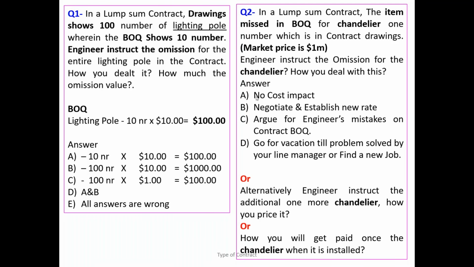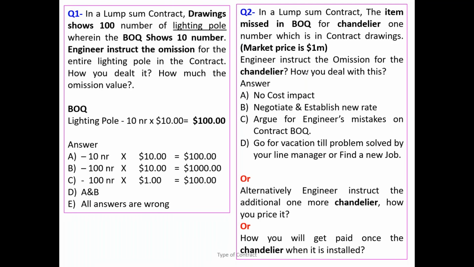So let us understand. The engineer instructs one additional cantilever. The price is not there in your contract. Okay, the price is not there in the contract, but the engineer instructs one more cantilever. Now your contractor, looking at the BOQ, sees the cantilever price is missed.